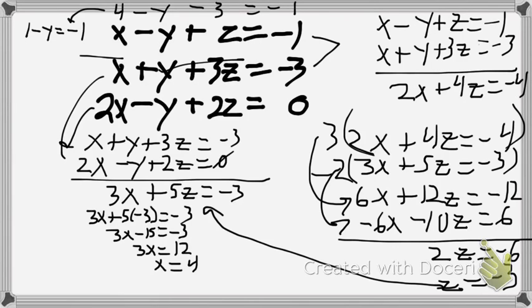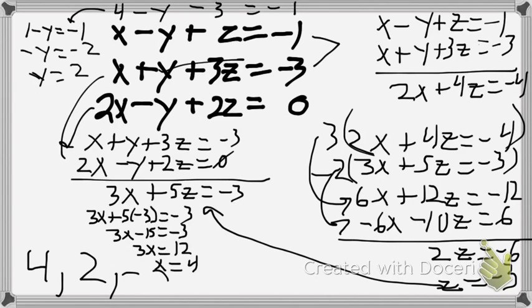Subtract 1 from both sides, so we get negative y equals negative 2. Multiply both sides by negative 1, we get y equals 2. So that gives us our xyz of, our x is 4, our y is 2, and our z is negative 3. Okay?